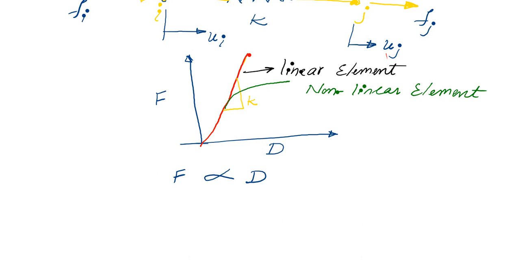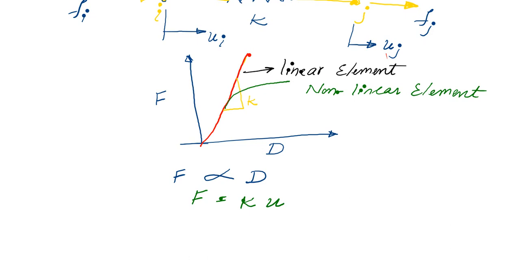Okay, so this is the law of spring, you can say. So here the force F is equal to, via the spring constant K, this is equal to the displacement.